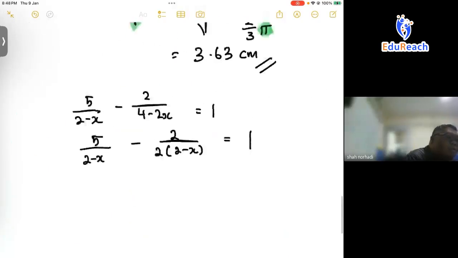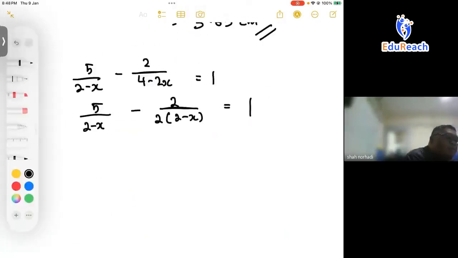Can you see a common factor here? So the only thing that we need to times is 2 in the first fraction. I'm simplifying my denominator, because if you take 2 minus x times 4 minus 2x, later you need to simplify even further. So at least now we are at the lowest term.